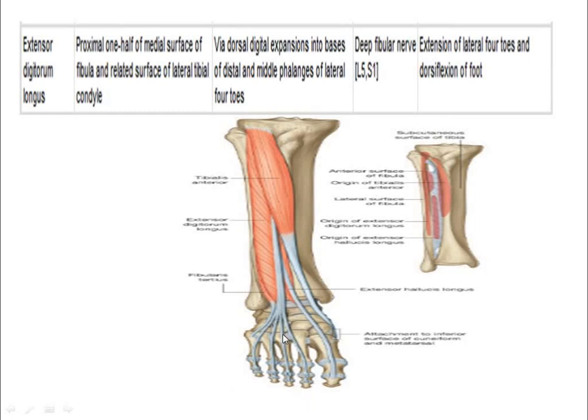Since it's crossing the ankle joint from the front, it helps in dorsiflexion of the foot and extension of the lateral four toes. Nerve supply, again, is the deep peroneal nerve or deep fibular nerve, a branch of the common peroneal nerve.